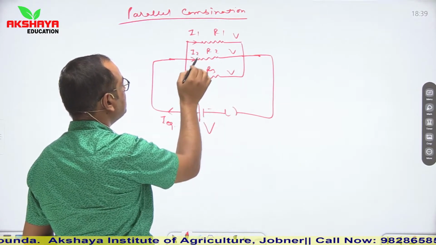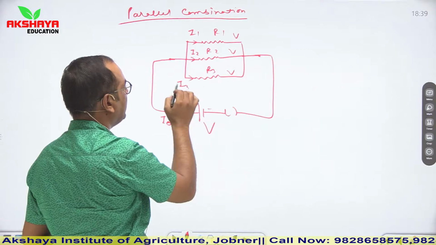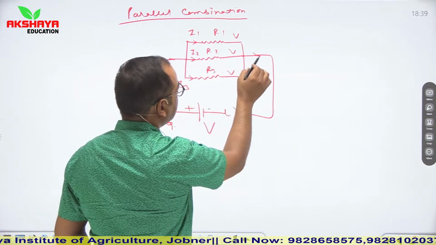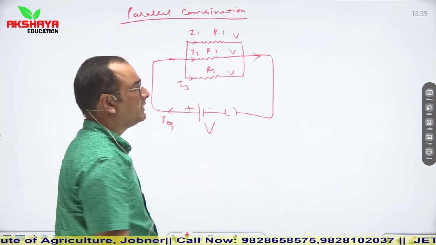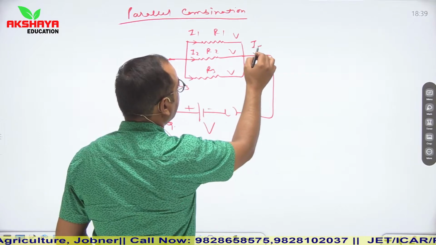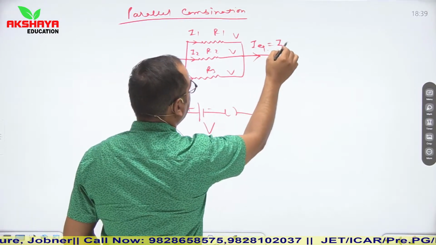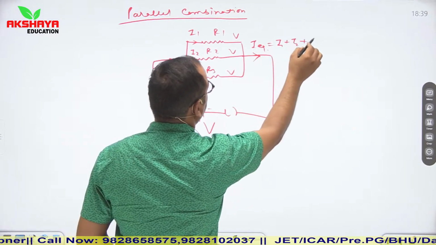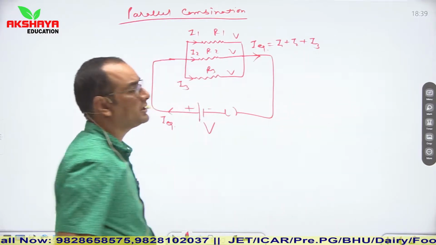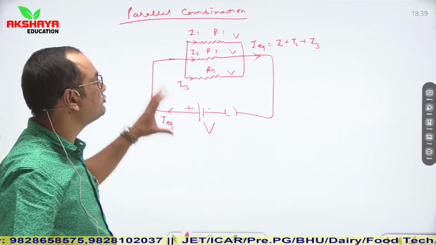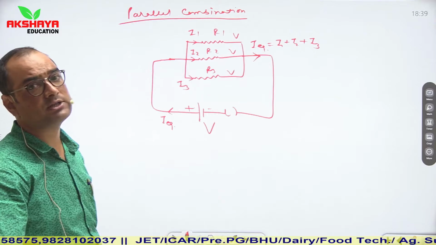Let us say these currents are I1, I2 and I3. When these currents come out of this network, again I equivalent is equal to I1 plus I2 plus I3. This is the general concept we use while solving questions of these combinations.